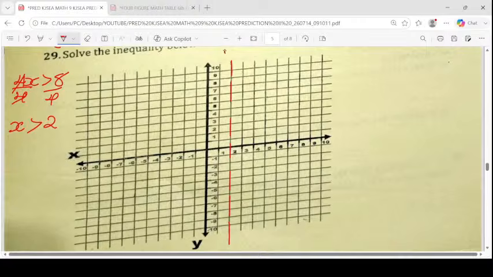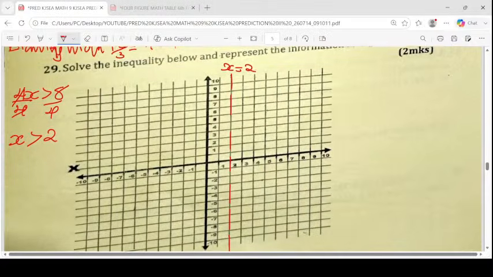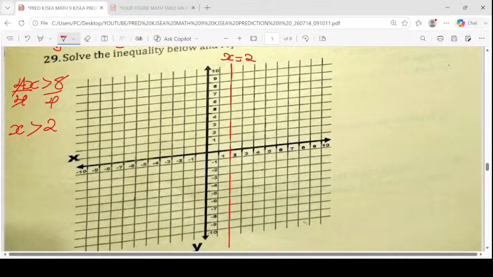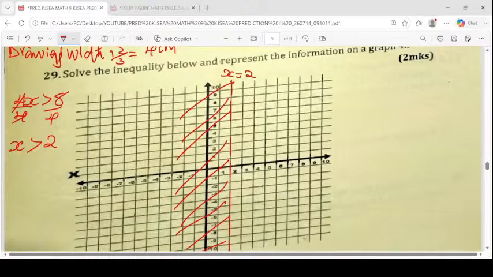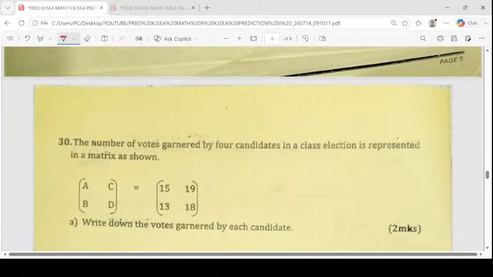So this is the line x is equal to 2. But now, because x should be greater than 2, which region are we shading? We are going to shade the left hand side of that line, like that. We normally shade the unwanted region. That's how you do that question.